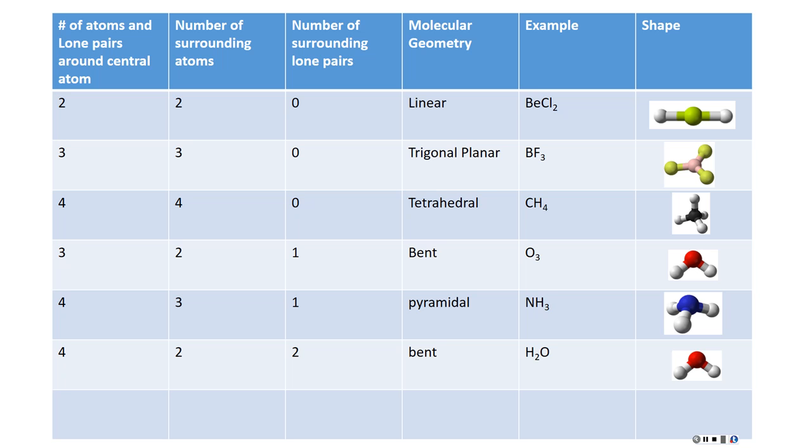Times 3. Three times. So, 3 divided by 2. Not one. So, because of where it is, 3 divided by 2, we know it's 1.